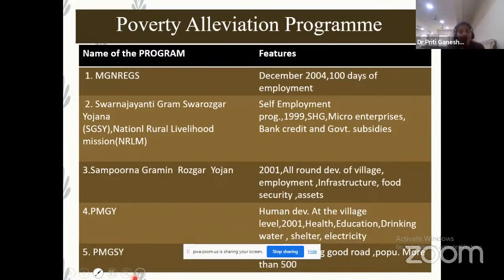So if you read any one answer, you will be able to write the three answers: poverty alleviation program, government measures to reduce the inequality of income, and government measures to reduce unemployment in India. Keep 5 points common from it, and the rest you have to add new points according to the question. So again I am telling you, this is the most important question.